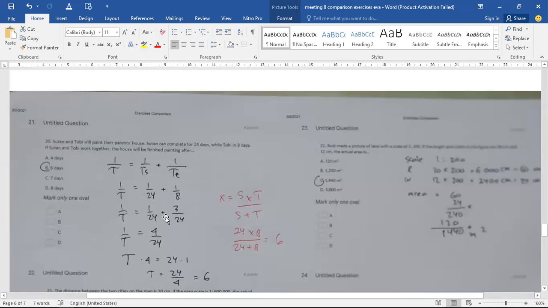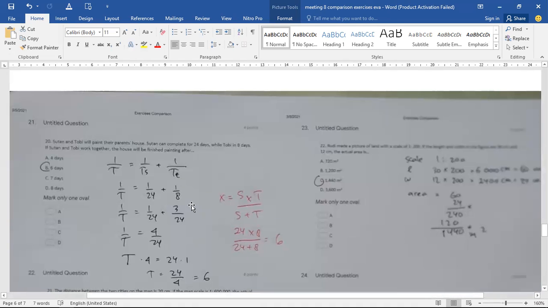So we make it the same denominator. 24 is the common one, so 1 over 24 plus 3 over 24, total 4 over 24. Then we just need to flip it, like t is equal to 24 divided by 4, or 6.